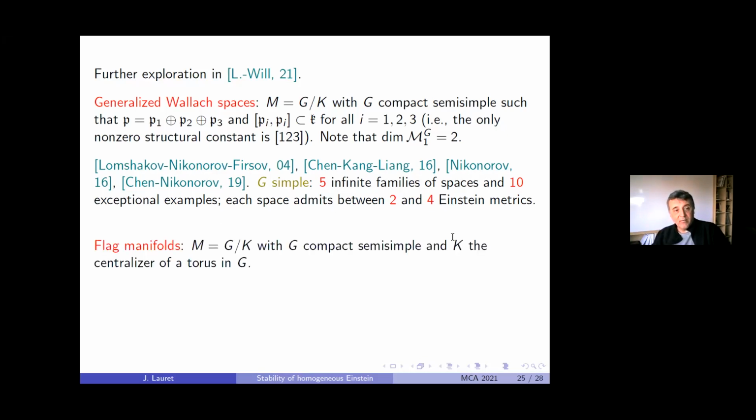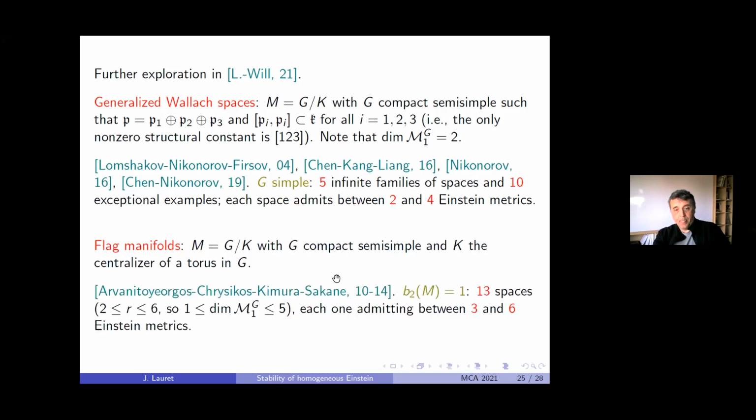And on the other hand, flag manifolds. Flag manifolds is when K is the centralizer of a torus. If it is a maximal torus of G, it's called full flag. These are not completely classified, and even in some of these flag manifolds it's open whether there are only finitely many Einstein metrics or not.